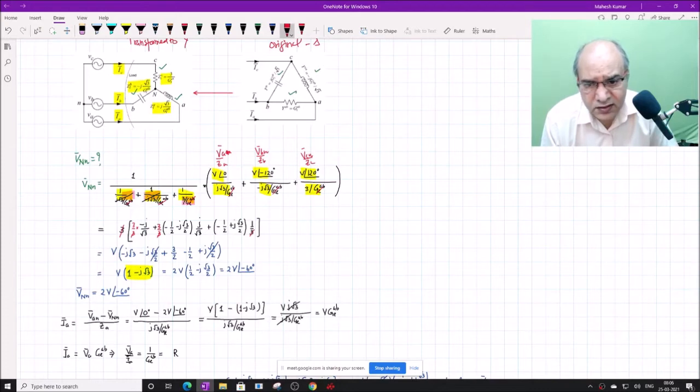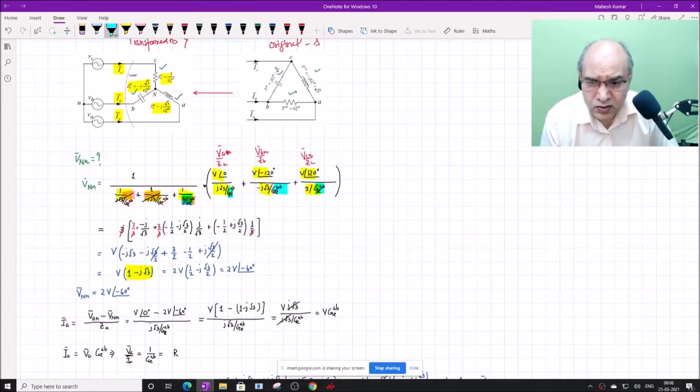Once we have this, then we will simplify this expression. So GL will come up, and GL will go with this GL inside the bracket. So GL is ruled out from the whole expression.